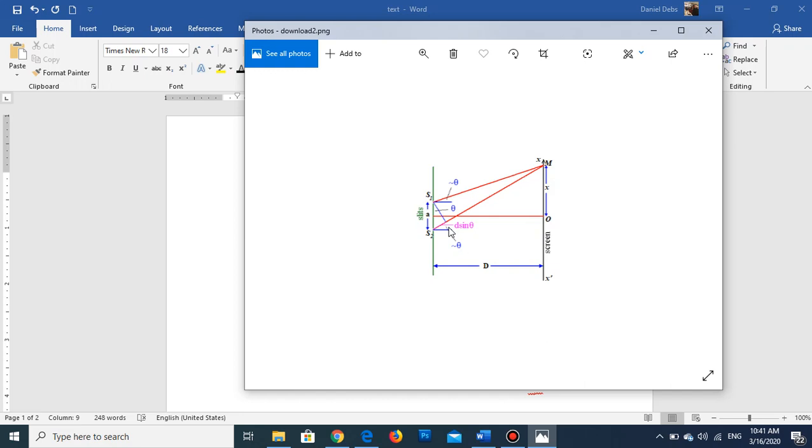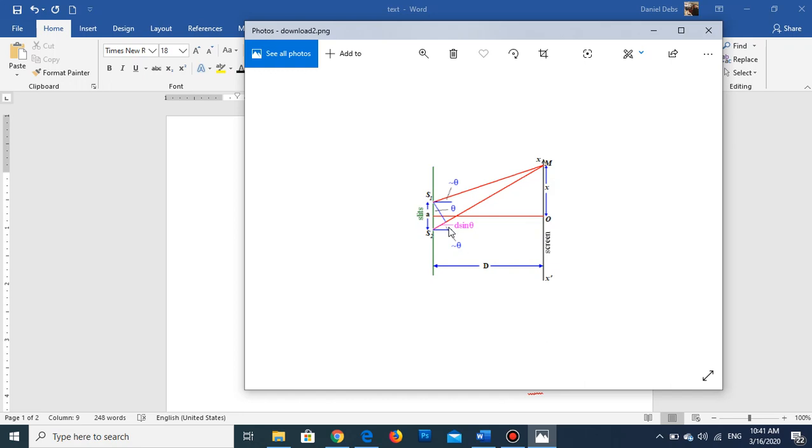Now, going to this important definition: the central fringe of a pattern is the point where the optical path difference vanishes. So delta central is equal to 0. And let S2M equal D2 and S1M equal D1.